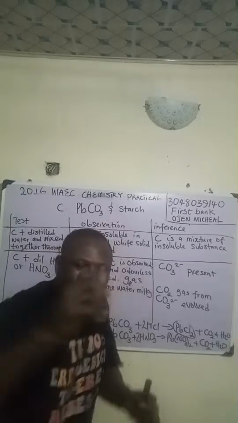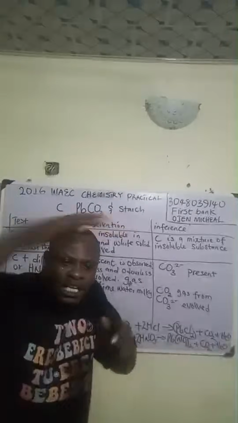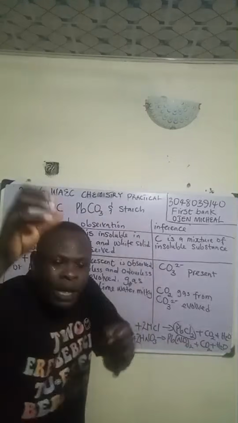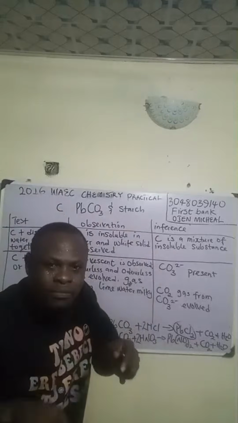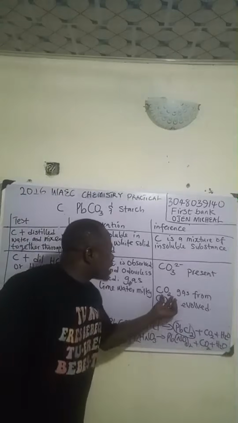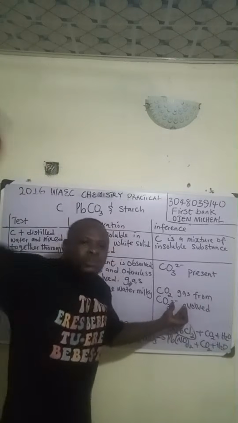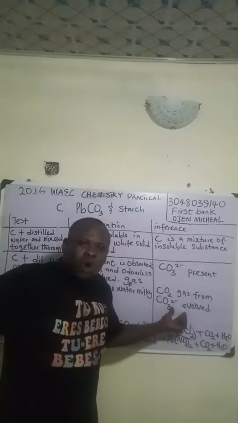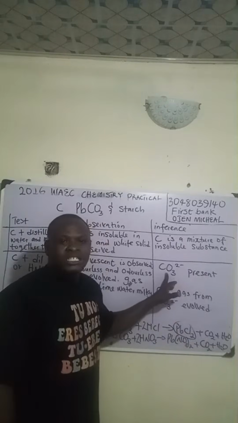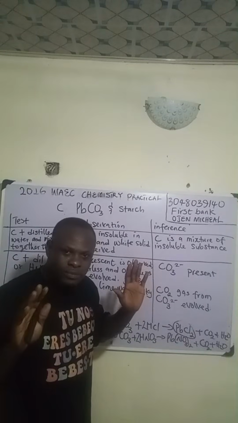As the gas is coming out, just carry lime water, that is calcium hydroxide, lime water that is white, and let the gas touch that lime water. That lime water will turn milky. It means that CO2, carbon IV oxide, is being evolved. That gas that you are seeing there is carbon IV oxide. And where is that carbon IV oxide coming from? It's coming from this trioxocarbonate ion. Do you now understand?